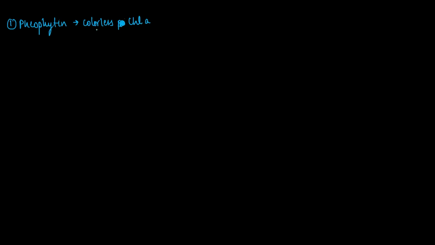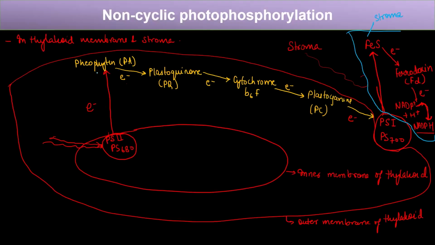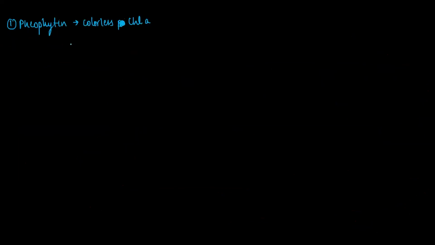Because of this, the pheophytin is known as colorless chlorophyll A. And if you look here, the pheophytin is the primary acceptor of the PS680 electron, right? Because the electron that is excited from this photosystem 2 is directly getting collected by pheophytin. So the pheophytin is the primary electron acceptor of PS2.